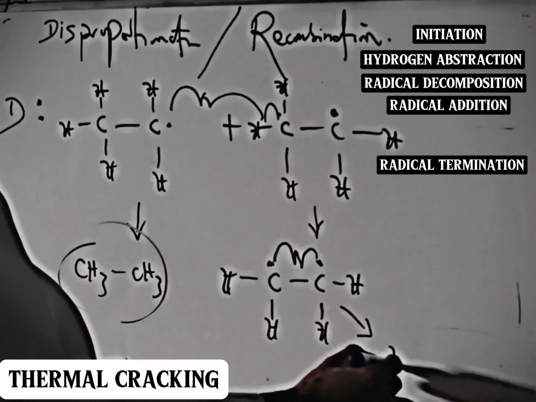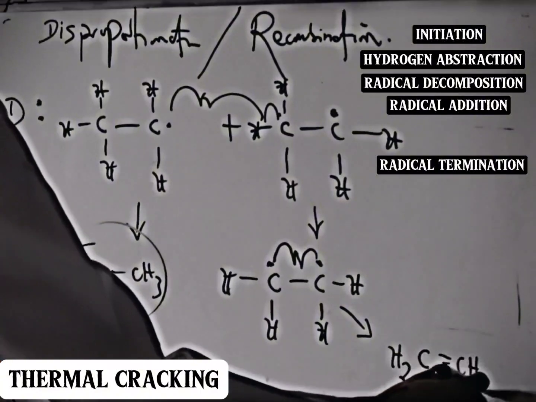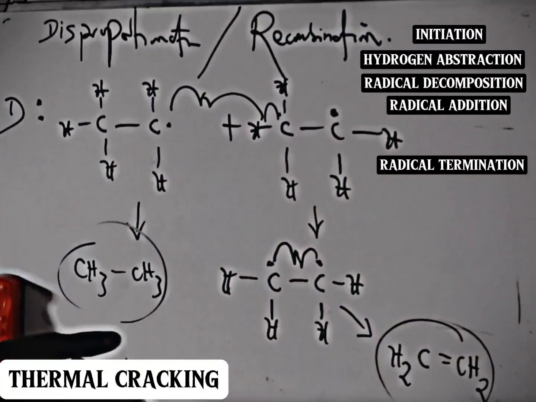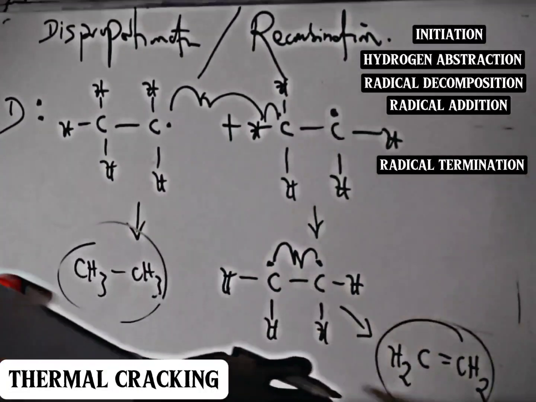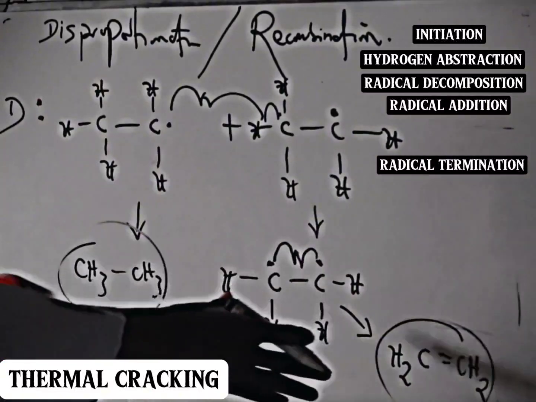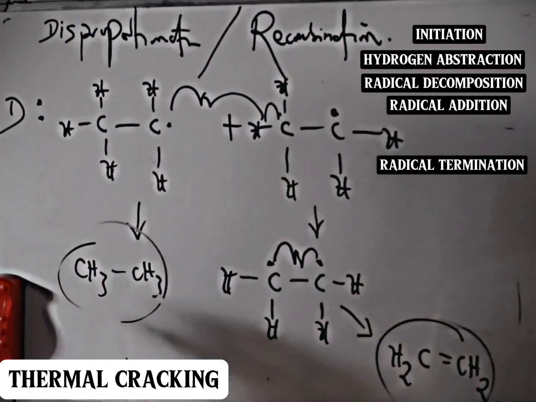So essentially we have H2C double bond CH2. See, the ethyl radical can choose to terminate, forming an ethane and an ethene. The reaction goes to halt. That is disproportionation. Okay, then we have the recombination.